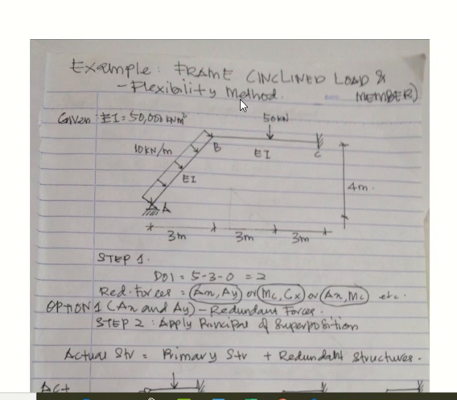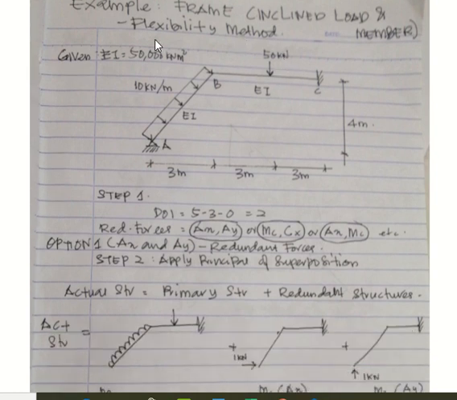Now let me consider the structure shown in the figure here, which has joint A, B, C. On the member BC they have a point load 50 kilonewton on the mid span of BC.